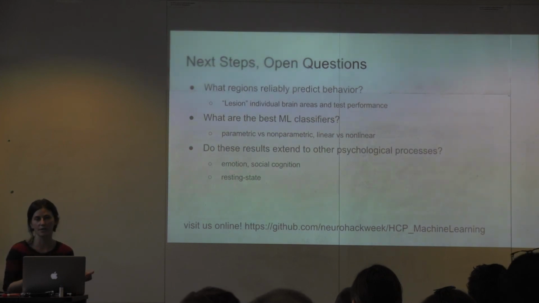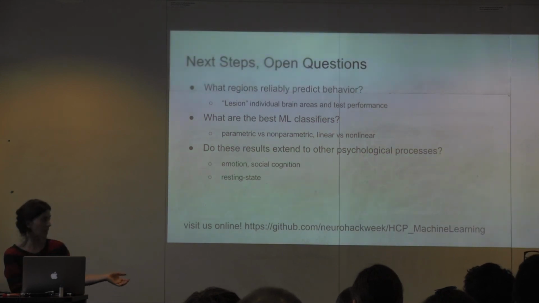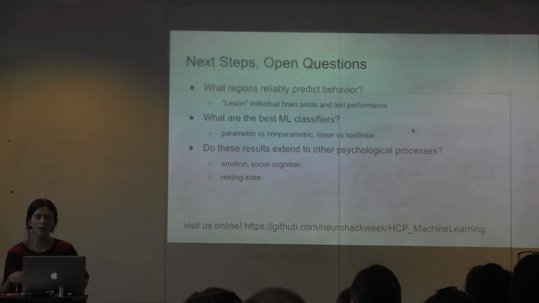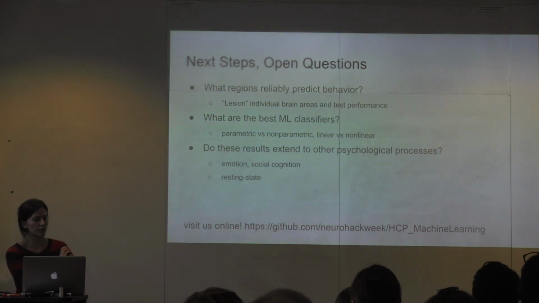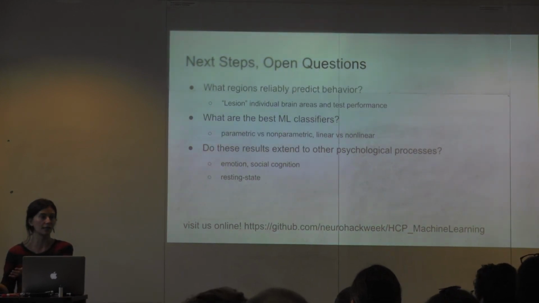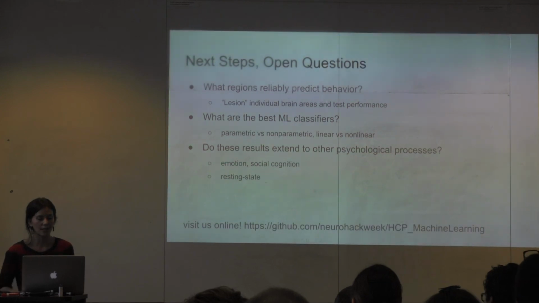We did the same analysis using a continuous measure of accuracy rather than dichotomous 0 versus 2-back, and have some results for that. But we'd also like to see, comparing parametric versus non-parametric or other types of classifiers like logistic regression, what could generate the best predictive map or neural signature. So that's one question that we'd like to pursue.